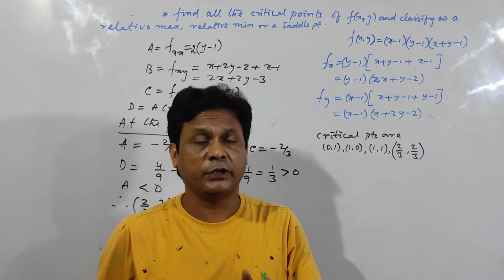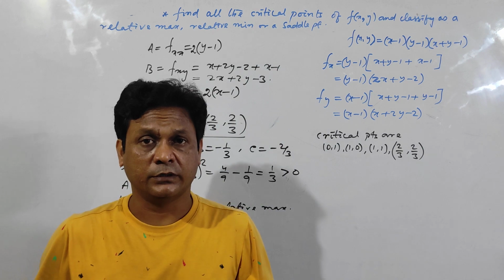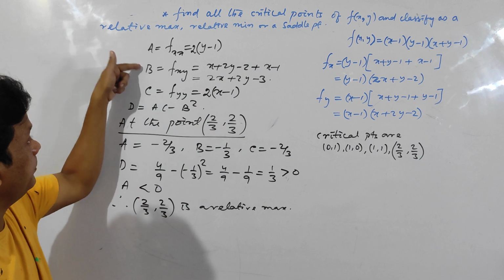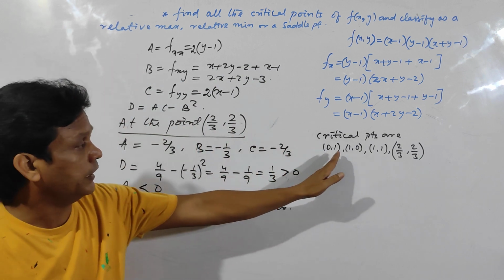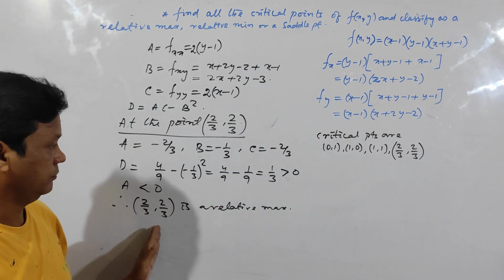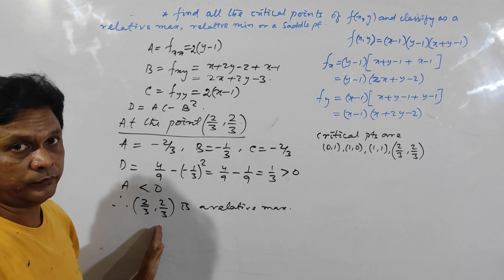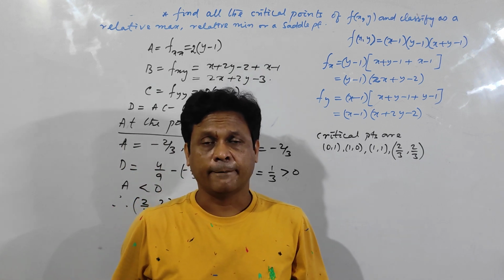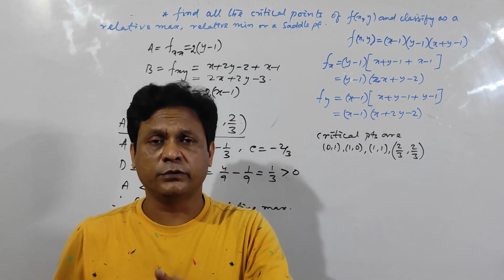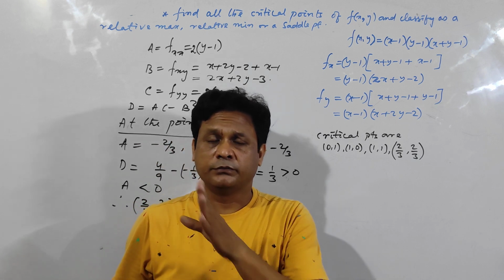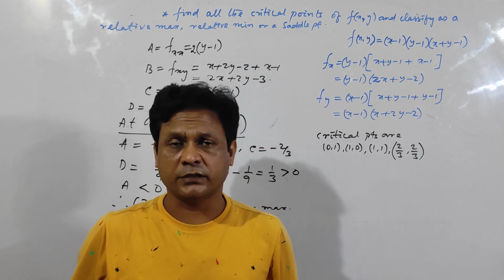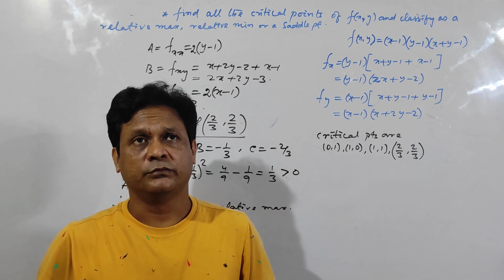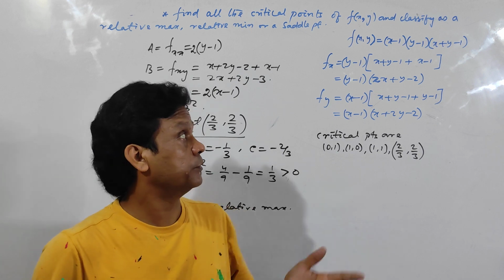First of all, I will give you some algebraic equations, solve those equations and find the critical points, and one by one find A, B, C and D, then at each of the critical points apply the second derivative test, so that you can get a relative maximum, relative minimum and saddle points. Okay, today I will give you some questions depending upon the second derivative test, and in the next class I will tell you some word problems, that means different types of questions. Okay.